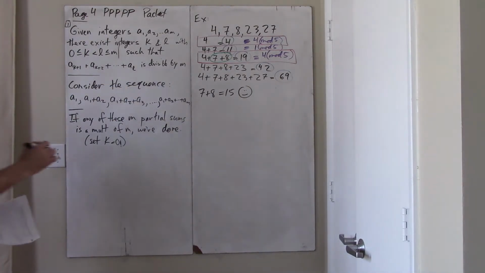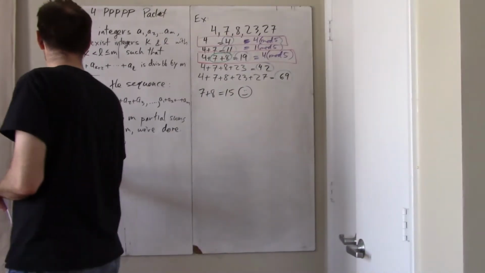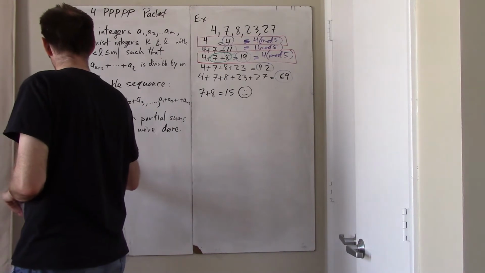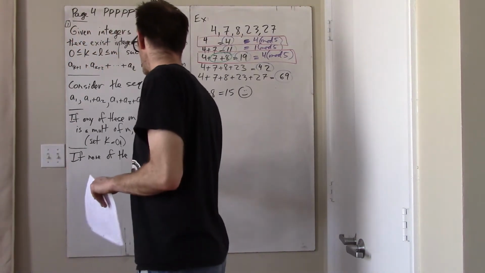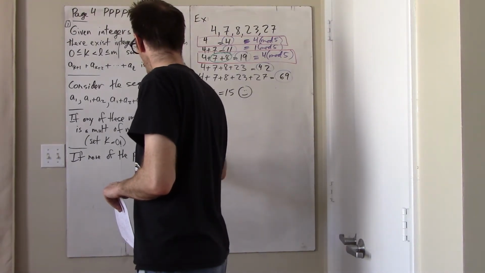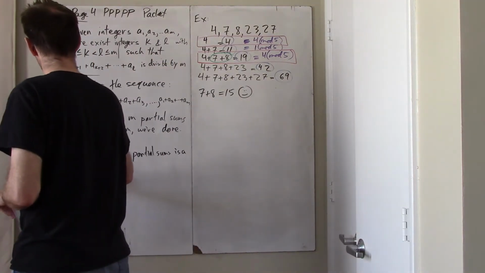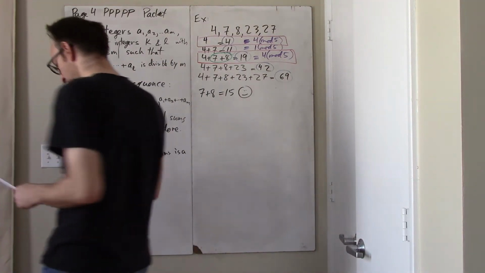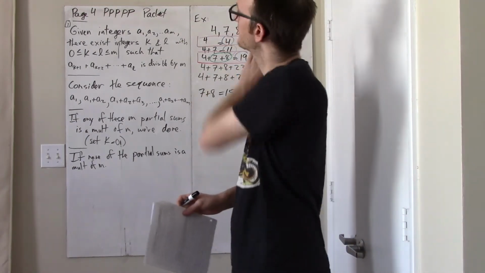Okay. But then else, on the other hand, so this is a proof by cases, I guess, if none of the partial sums is a multiple of M, then kind of as we just said, I don't think I need to write this all out because we sort of did it over there in the example.